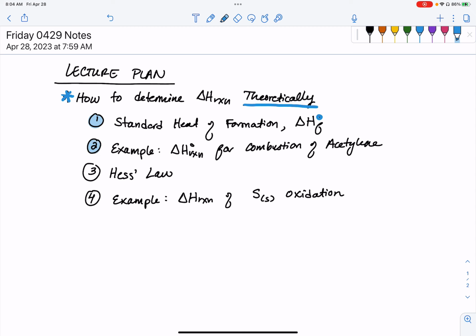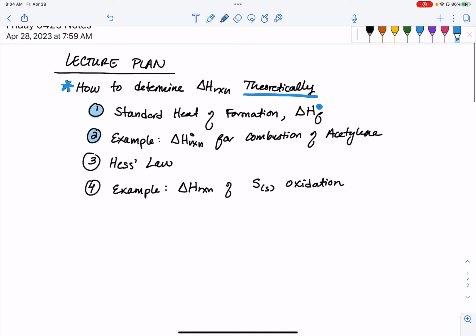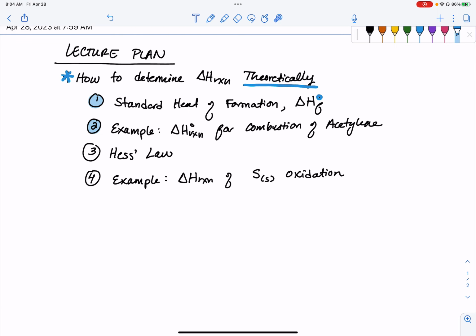So we'll look at the combustion of acetylene gas and see if we can figure out the heat of that reaction based on what we know about the standard heat of formation. So this is our first means of figuring out the heat of reaction theoretically.